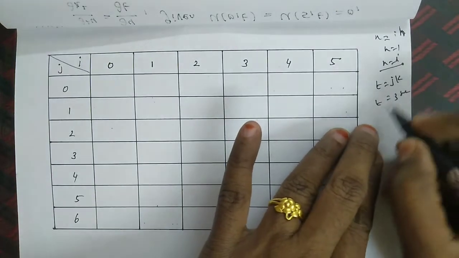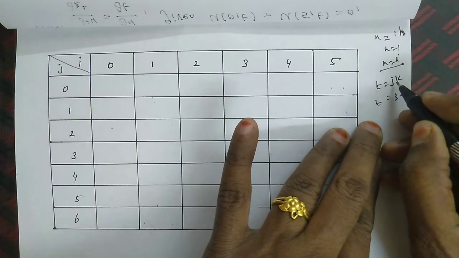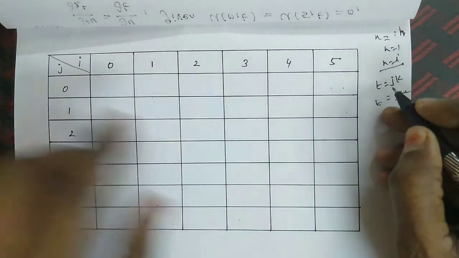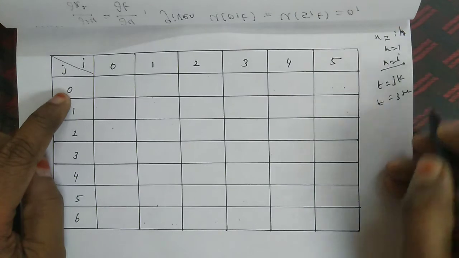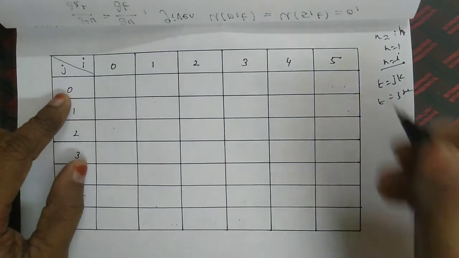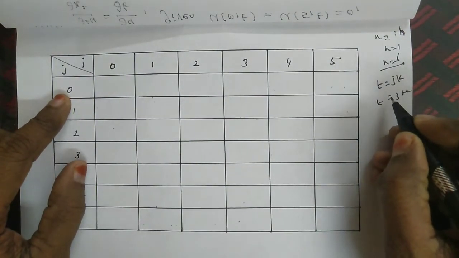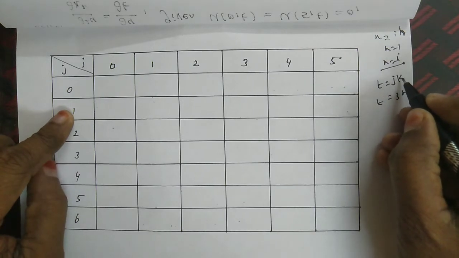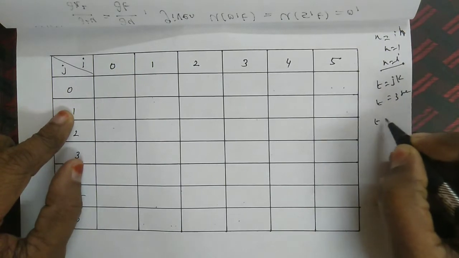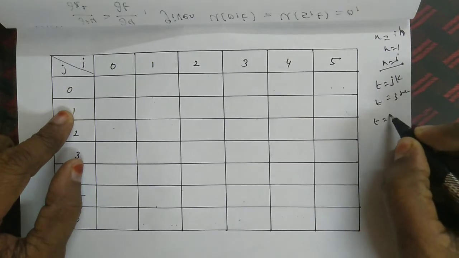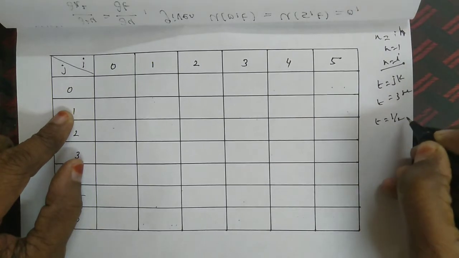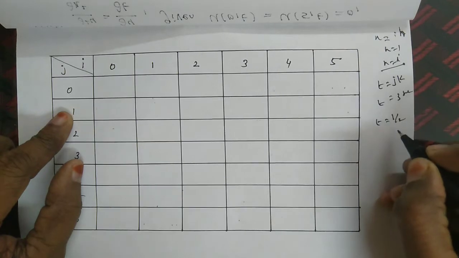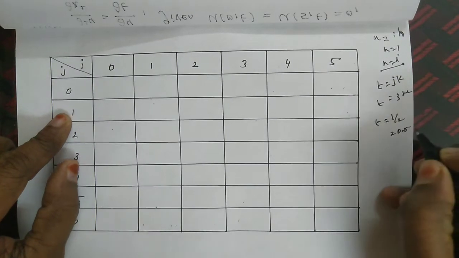So when you substitute j equal to 0, what will happen? j equal to 0, 0 times anything is 0. That is the reason why first here we are taking j equal to 0. When j equal to 0, t will also be 0. Then substituting j equal to 1 here, at the same time k equal to 1 by 2. So what will happen? t equals j times k, j equal to 1, k equal to 1 by 2, so t equal to 1 by 2, that means actually t equal to 0.5.